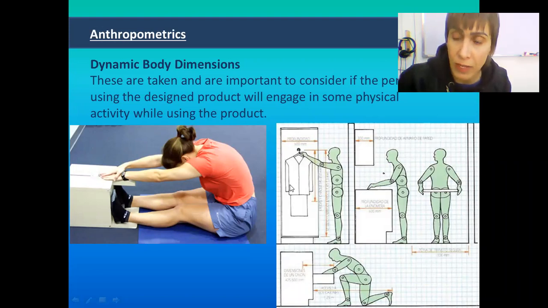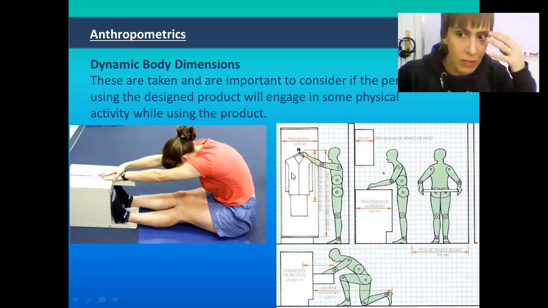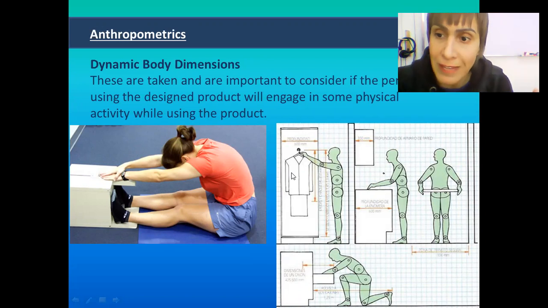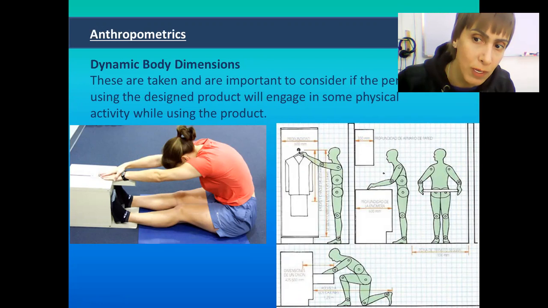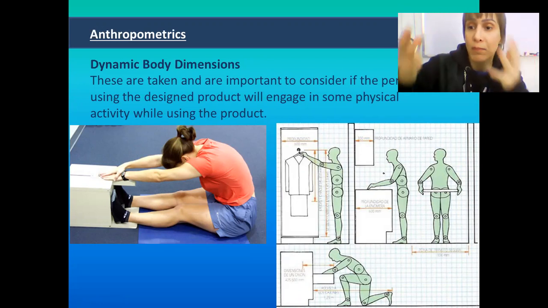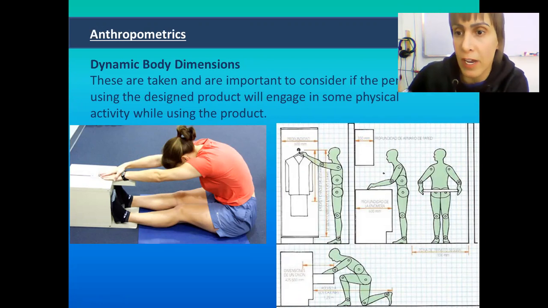These types of drawings, as I said, designers draw all the time when they design something to show their thinking process, how they used the data, anthropometric data, how they considered ergonomics. So how did you end up with your new improved design solution?